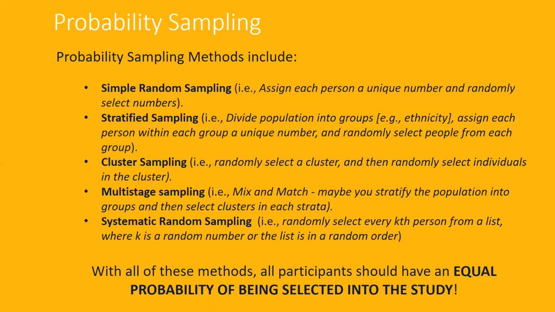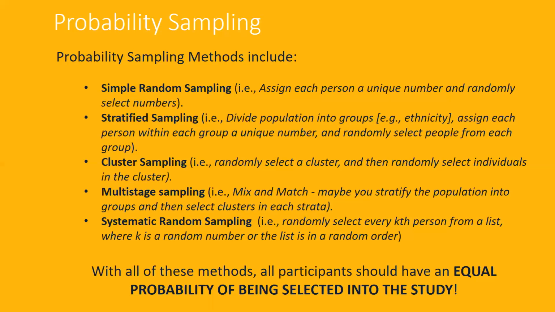Next is multi-stage sampling. That's simply where you can mix and match any of these methods. So maybe first you stratify the population into groups, and then you look at the clusters. Let's take ethnicity as an example. If your strata are ethnicity, you might recruit white, African Caribbean, Black, Asian, South Asian people.